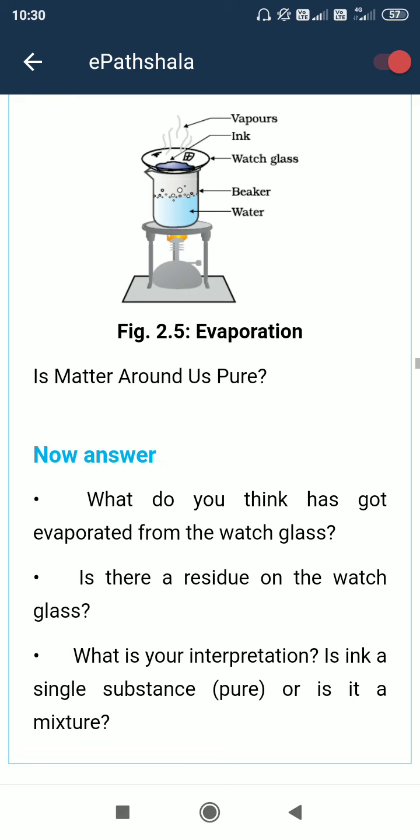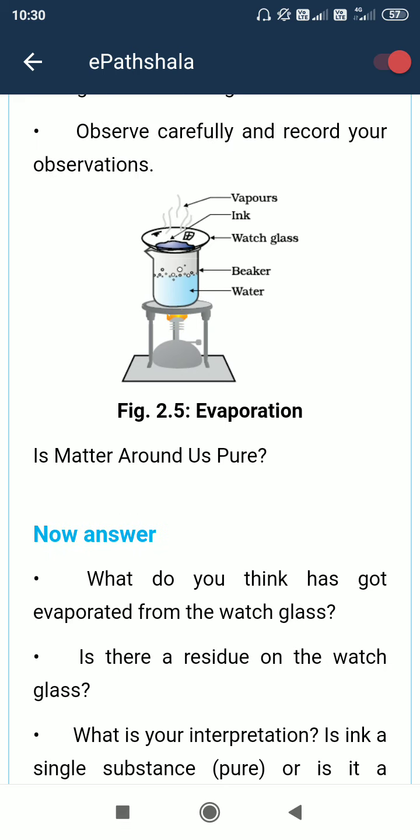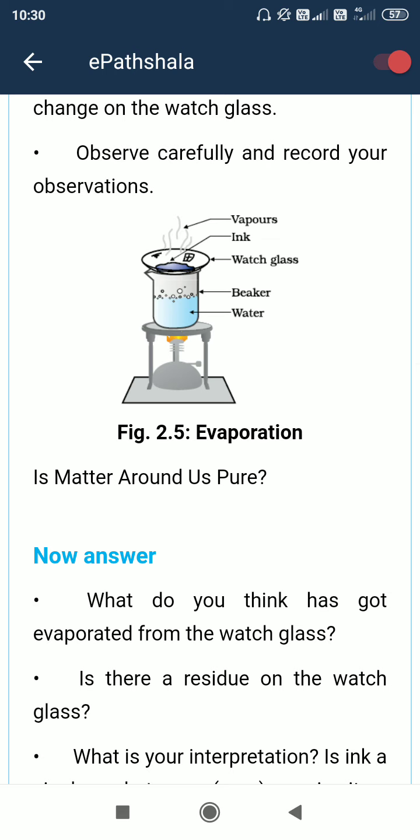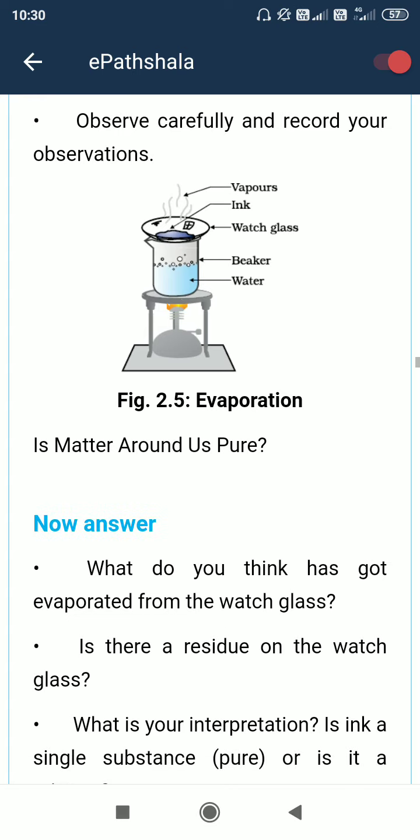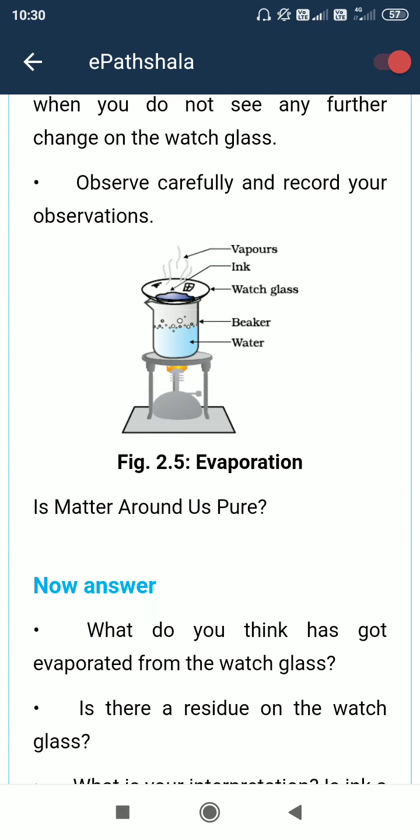So see here, what is happening here. Evaporation is done. In the beaker, water is there, and something is dissolved in the water, like you may think sodium chloride is dissolved. Boiling temperature means that temperature at which the liquid molecule gets converted to vapor or gaseous state.